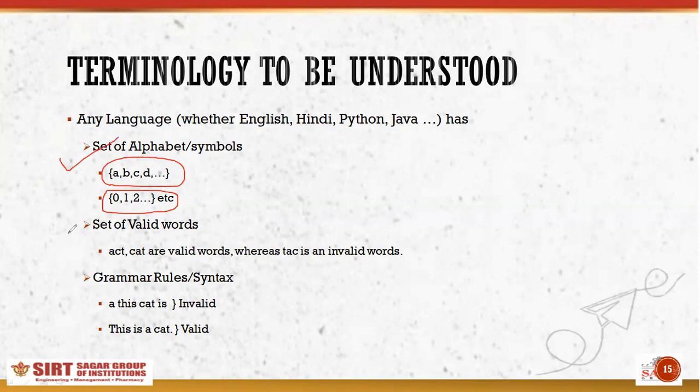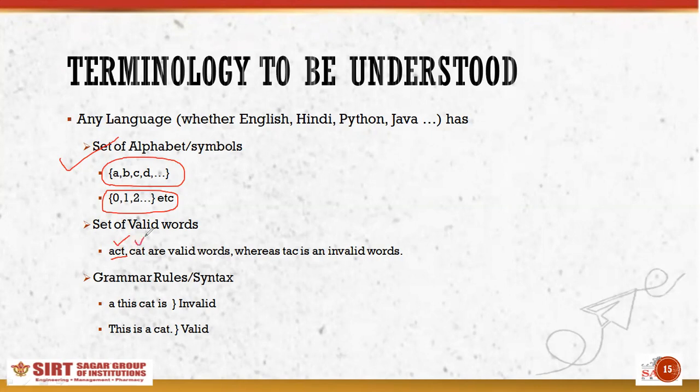Now, the second thing which we make out of that alphabet is a word. A word is formed by arranging those alphabets in a sequence, but that sequence should have some meaning. Like if we have three alphabets in the English language, that is A, C, and T. If I write it like this, ACT, then it does have some meaning. This act is a word which has a meaning in the dictionary.